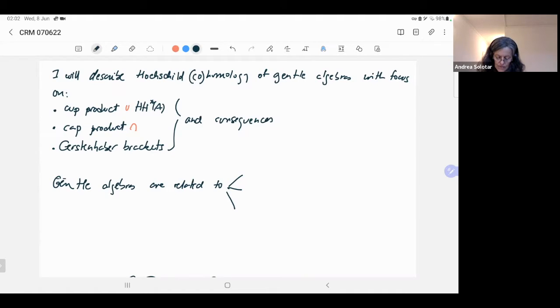Let me write that: if you have Hochschild cohomology for a general K-algebra A in degree n, and then you have something in degree r of the same algebra, then with the bracket you are going to end up having something in Hochschild cohomology in degree n plus r minus 1 of A, okay?